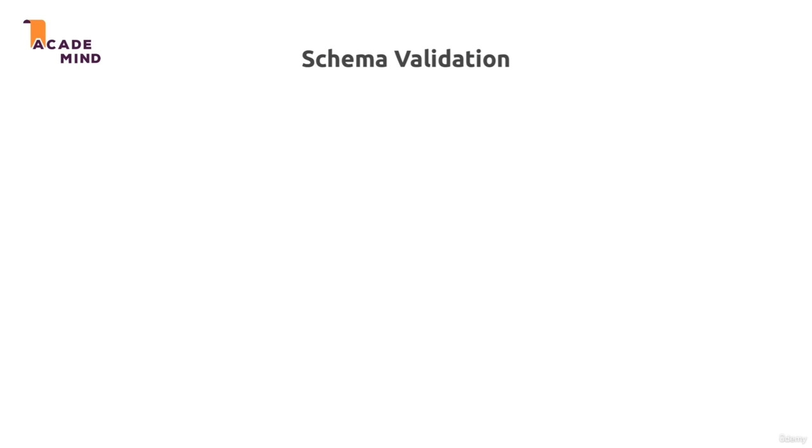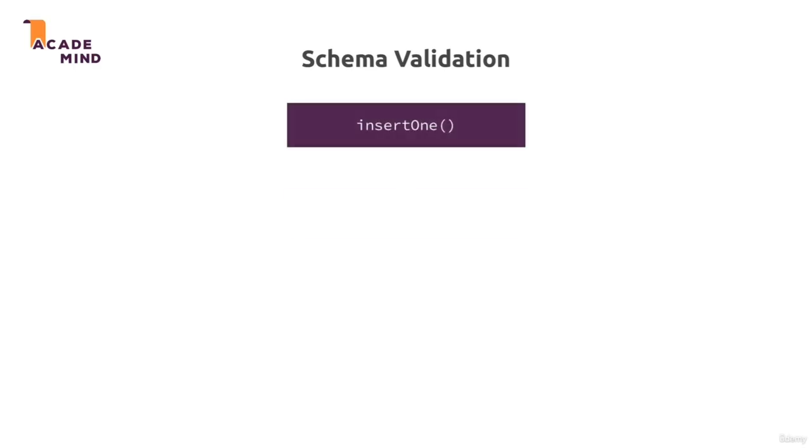Now, what is schema validation? Let's say we have an insert operation going on our collection, on our posts collection maybe. And the same would be true for update or insert many operations, by the way. So we're trying to add or edit some data in a collection.